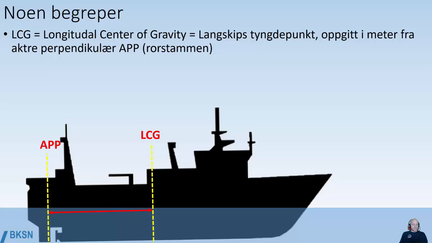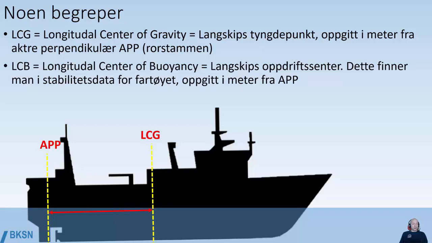So LCG is measured typically from the aft perpendicular. Longitudinal center of buoyancy, LCB, is the center of the volume of the hull that is at any given time submerged in water. You can find this in the stability data for the vessel, and it's also given in meters from the aft perpendicular typically.